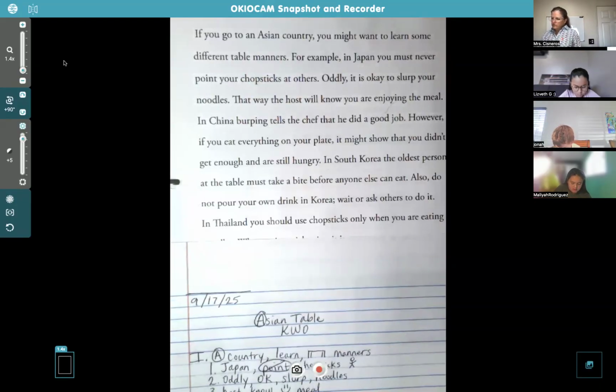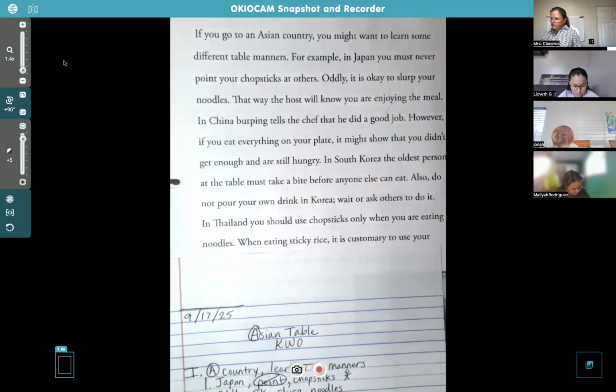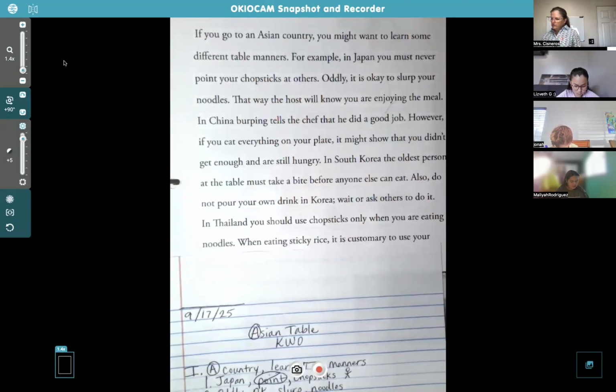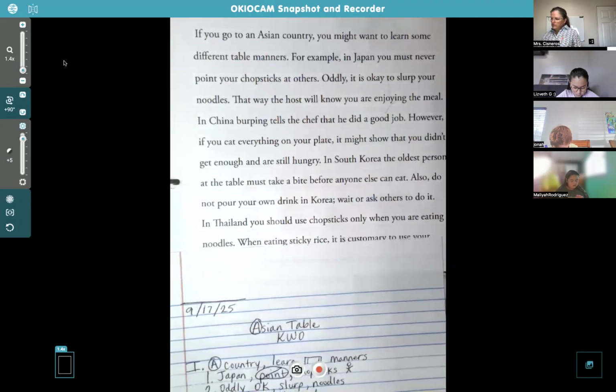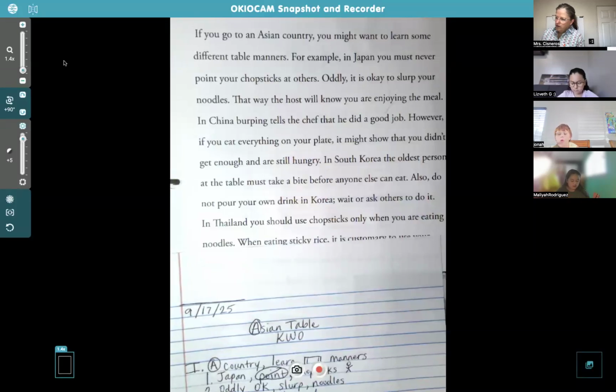Thailand. And then chopsticks. I have two ideas. Chopsticks only, and then Pac-Man noodles, or we can just say chopsticks eating noodles.